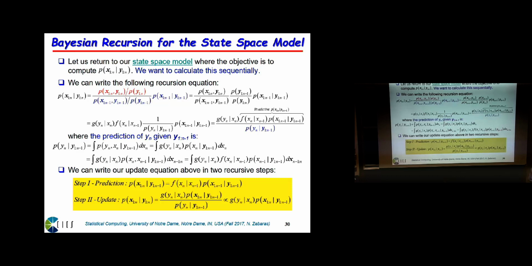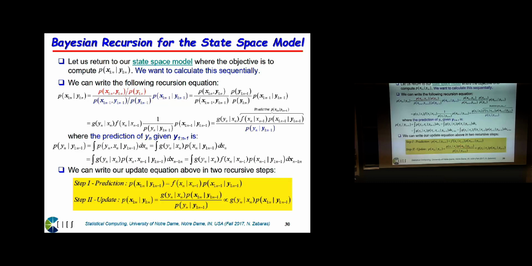So here is the final answer. If you want to compute the posterior of all the states up to n, given all the data up to n, you need the following. You need a likelihood model, which is not a big deal.